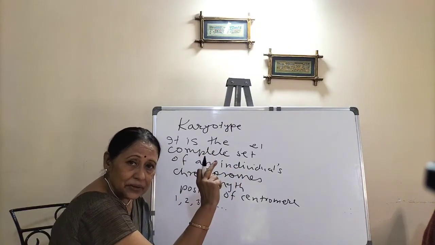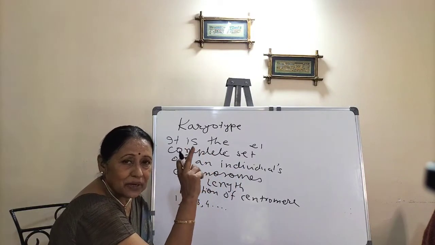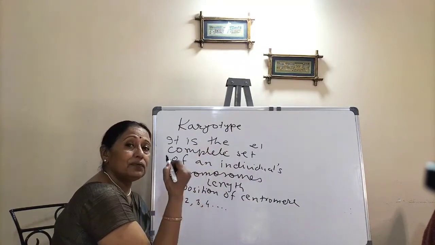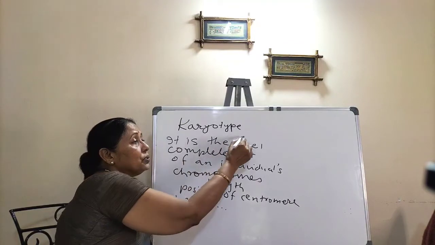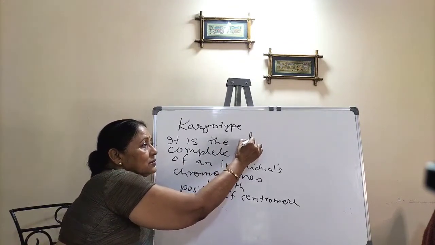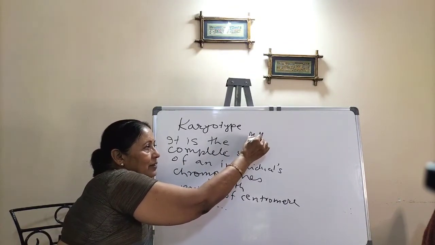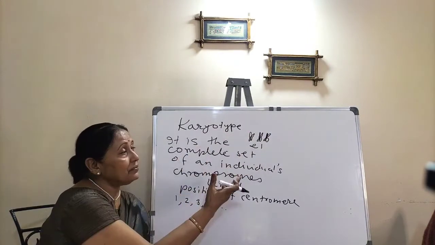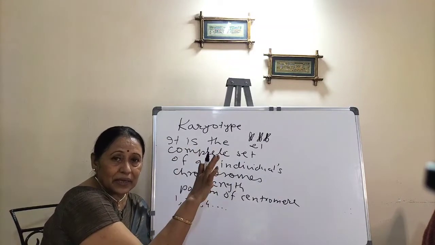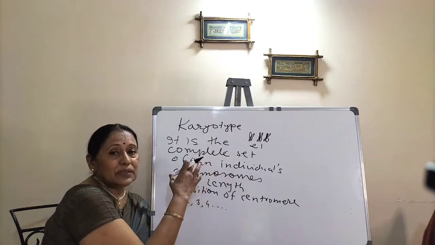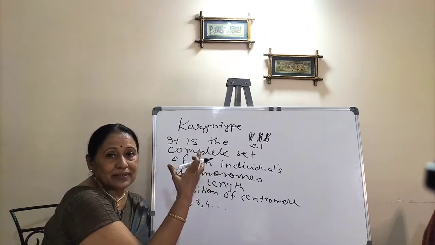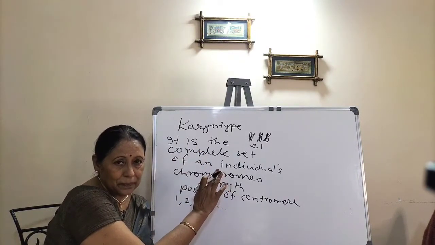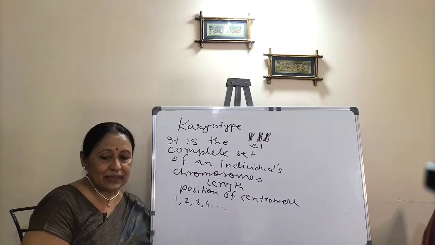That means in the karyotype, what should be the number of chromosome 21? 2. But in place of 2, you will be shown 3 chromosomes. 1, 2 and 3. And you have to identify by studying the karyotype which disease it is. So this is karyotype. Now let us move to the next one.